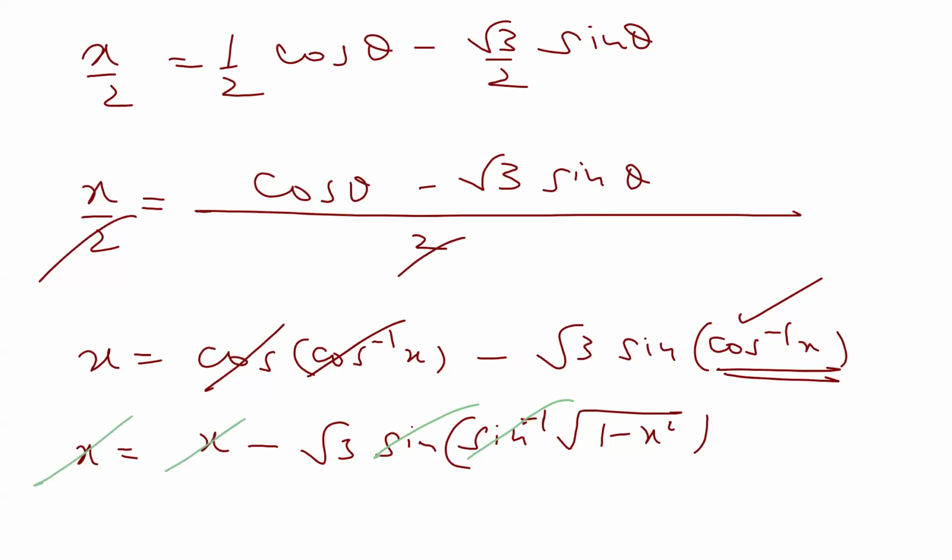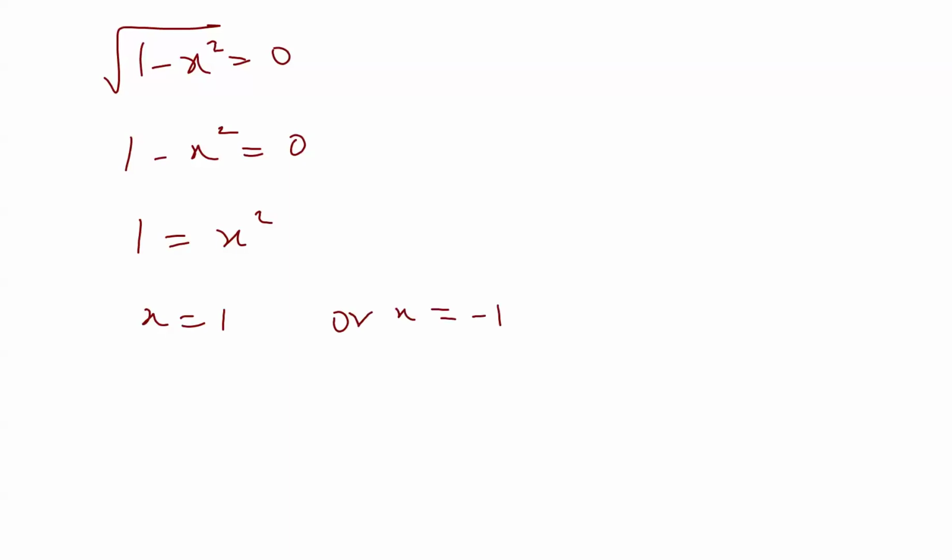This x and x will get cancelled. So 0 is equal to minus root 3 root 1 minus x square. So root 1 minus x square is equal to 0. So 1 minus x square is equal to 0 square, which is 0. 1 is equal to x square. So x equal to plus 1 or x equal to minus 1.